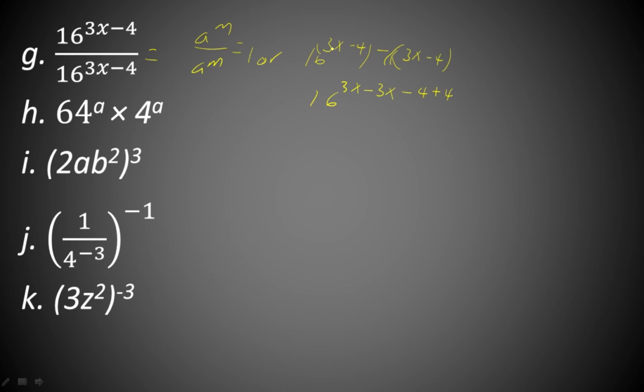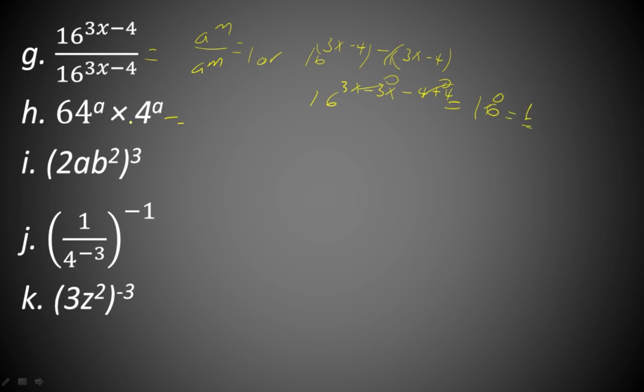So this becomes 0, and 0 minus 0 is 0. So this becomes 16 to the power of 0. A number to the power of 0 is 1. In other words, the same base and the same exponent, when you divide, it becomes 1.